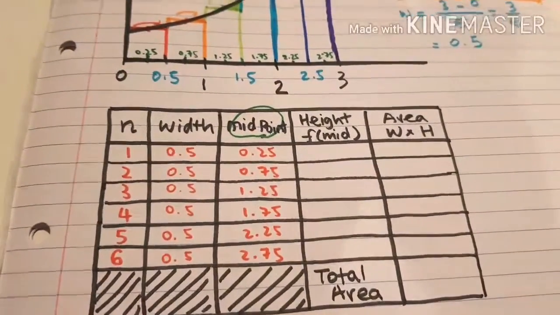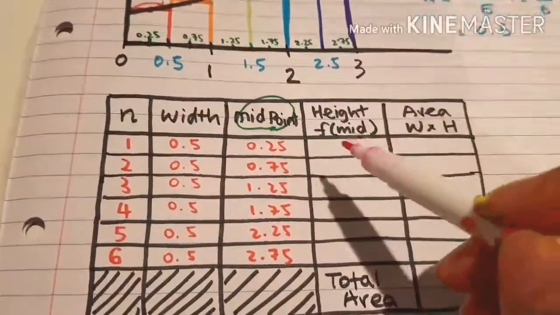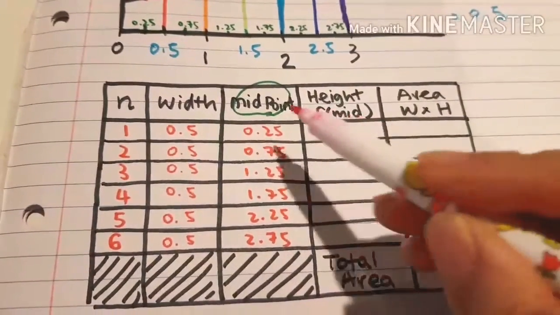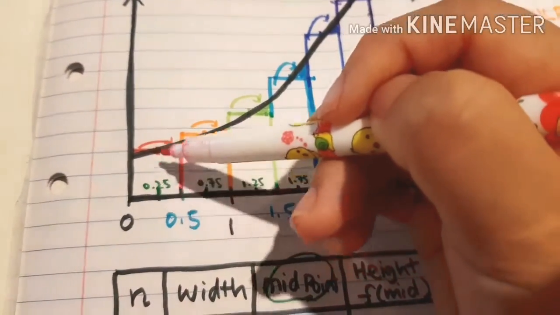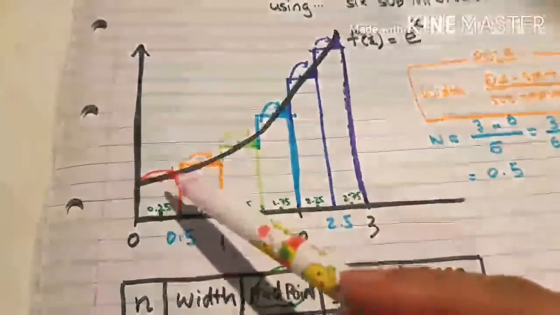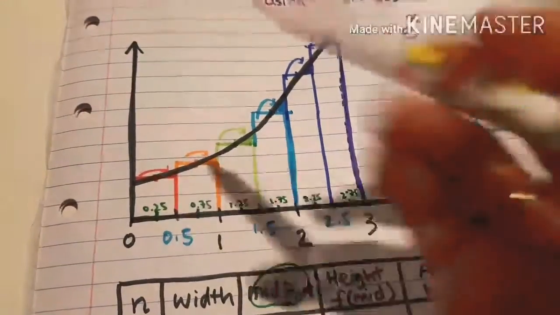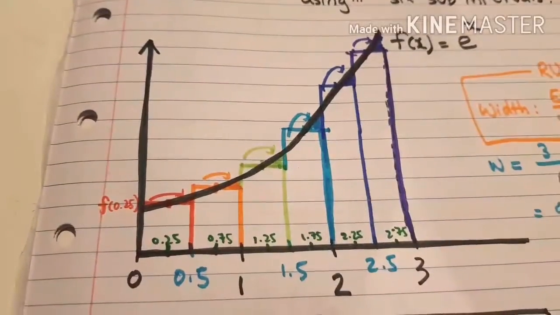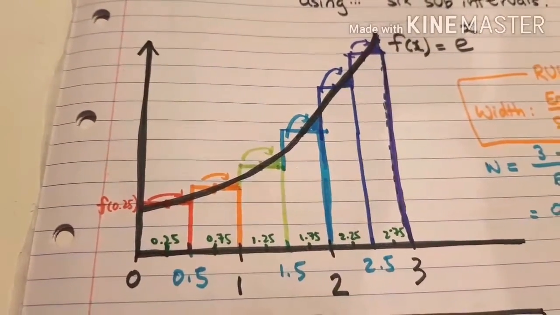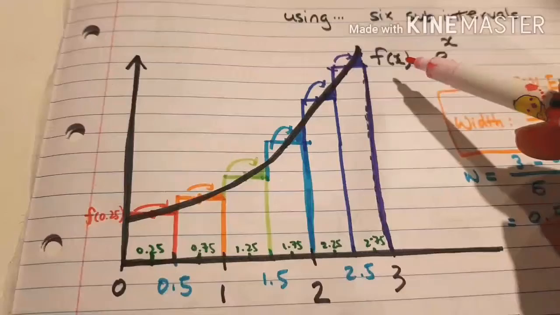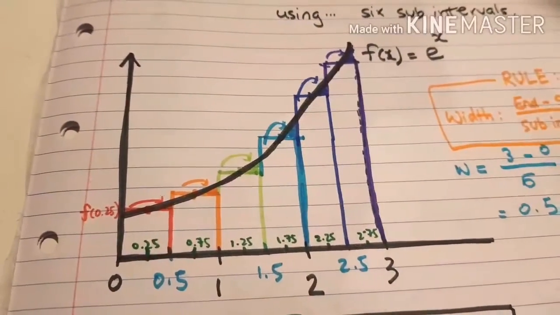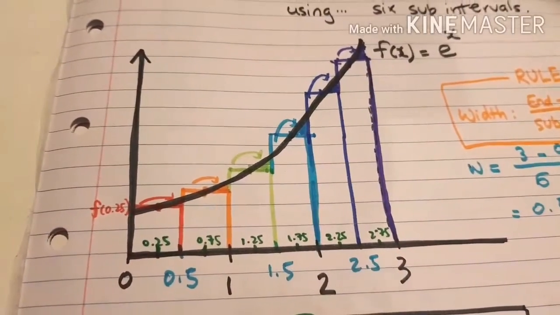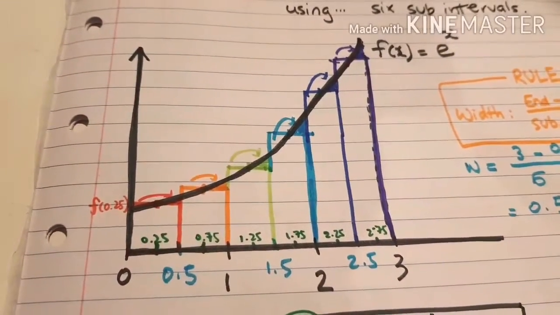And the height is found by putting the midpoint into the function. See over here, that's the midpoint, and that's going to be the height for the red rectangle. That's going to be f(0.25). So instead of x, you put 0.25 and get a value for it.